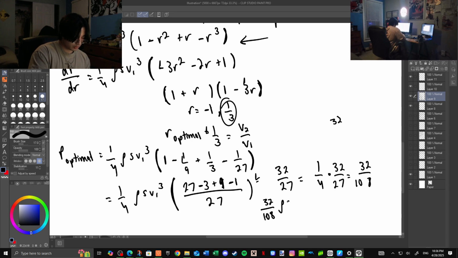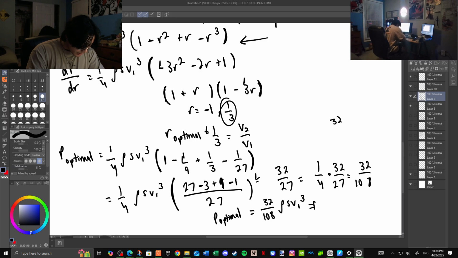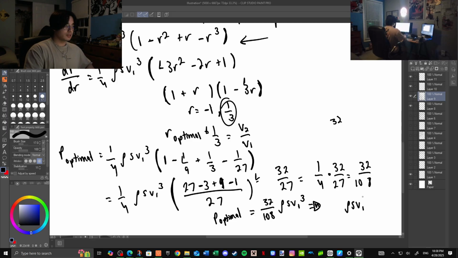So now you're left with this ratio and this expression for P optimal. Well, we can actually express this in a different way, and this is typically how it's expressed. We can express it in terms of kinetic energy.